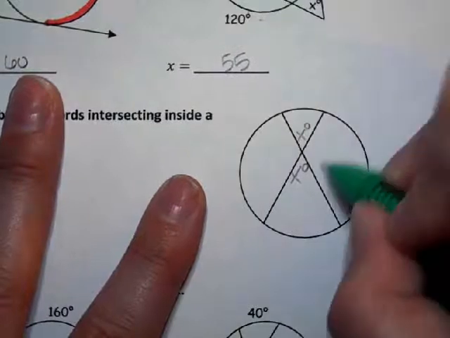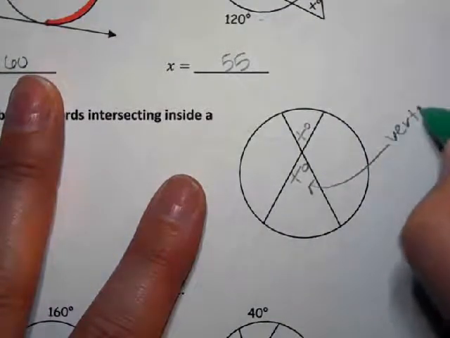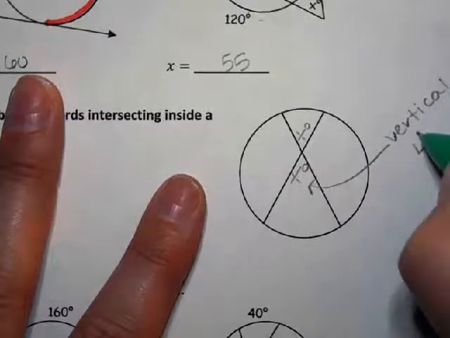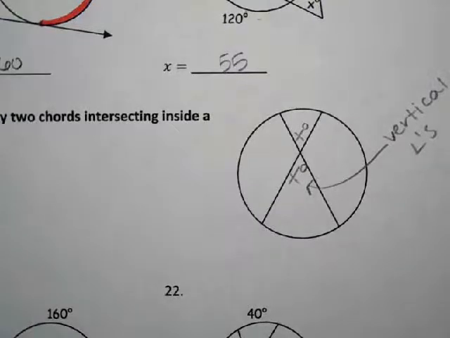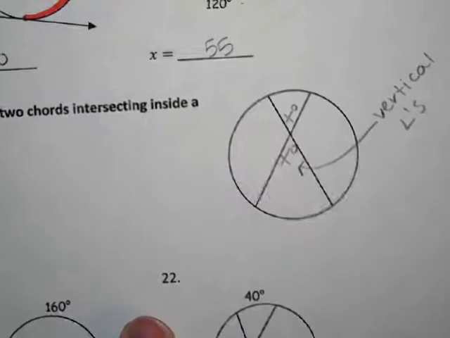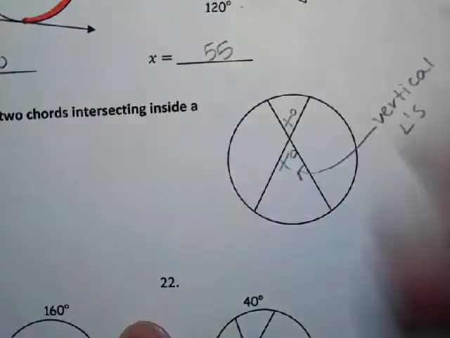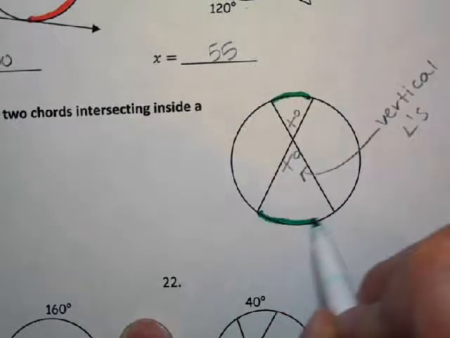And the formula here that we're going to work with, we're going to talk about this arc right here and this arc right here. So these are arcs that are made from 2 chords in a circle, or they could be 2 secants in a circle. We're going to call this arc 1 and this arc 2.